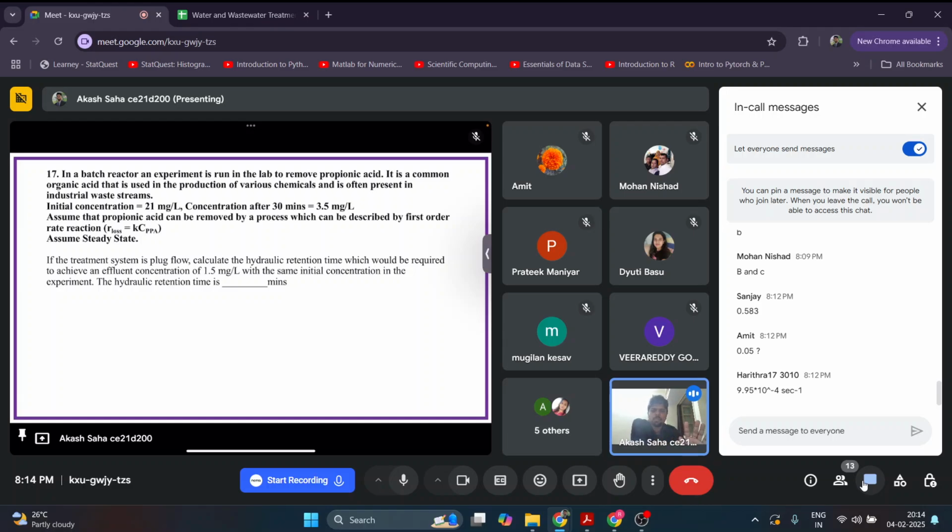So similar problem, just instead of K, we have to find out the T, or the hydraulic retention time, theta.